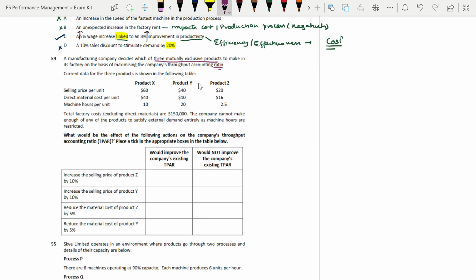Excluding material it is 150. The company cannot make enough of any product to satisfy external demand entirely, as machine hours are restricted. Machine hours are a limiting factor.